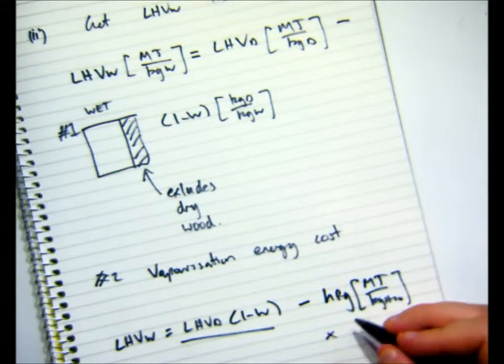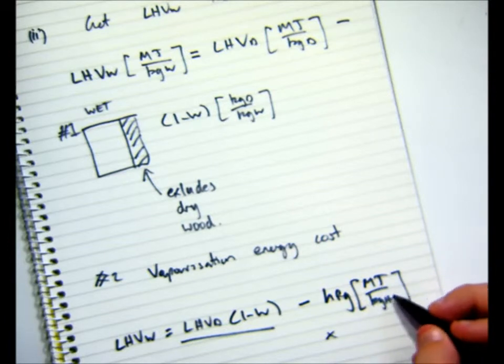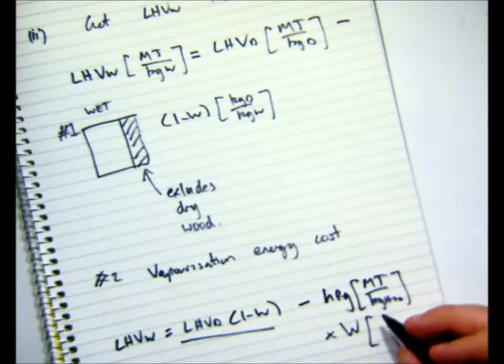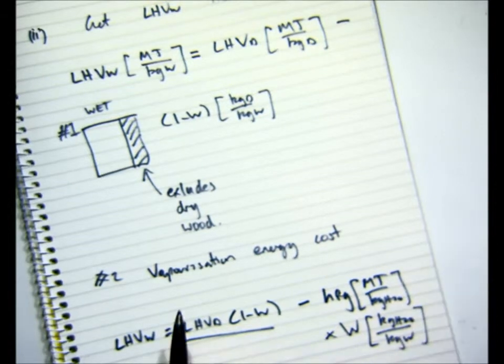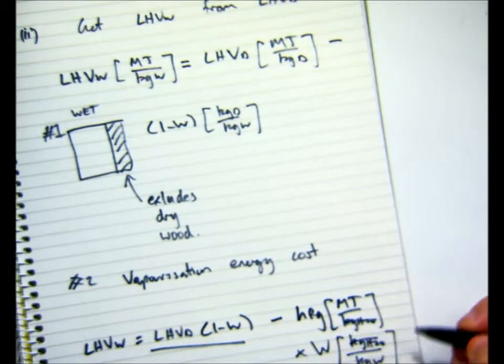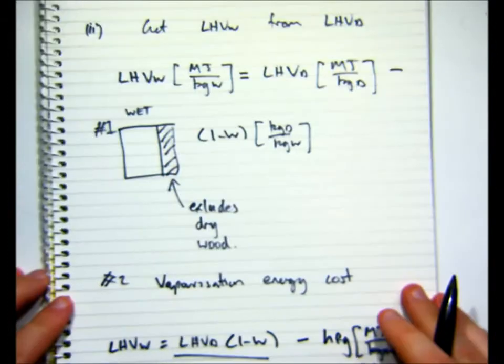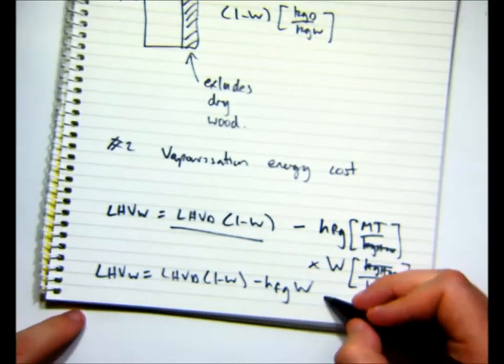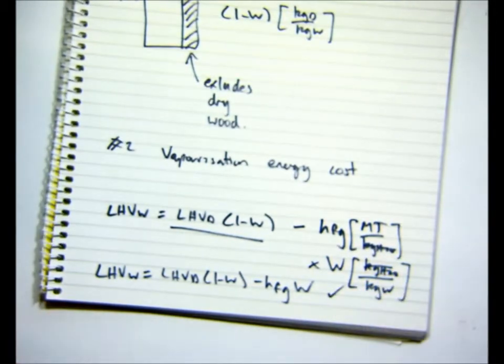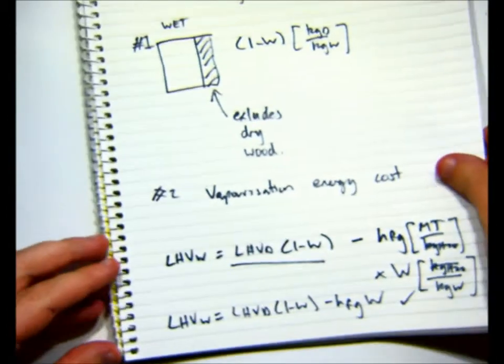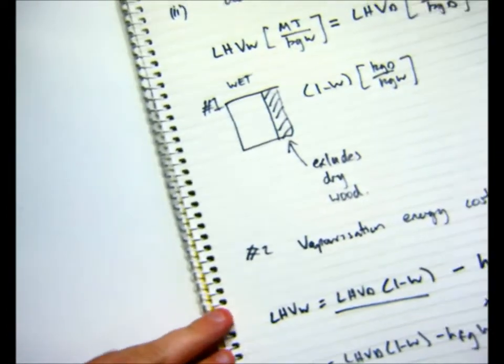So the term that we're going to need to multiply it by, if you just consider it carefully, you'll see will be W, because W is the amount of water you have per unit wet wood. So you see these two terms cancel, the units balance. So now we have LHV wet equals LHV dry times 1 minus W, minus HFG times W. And you should recognize this from last week. I think it was one of the questions. Anyway, that's part 2 of part 1 done.